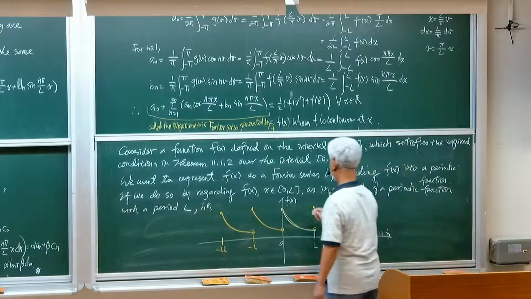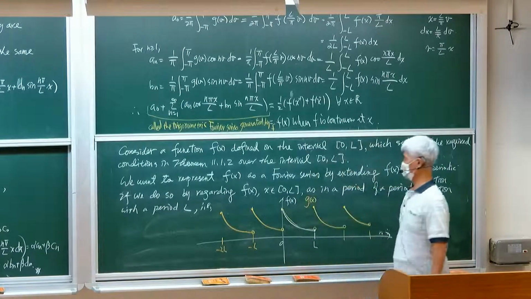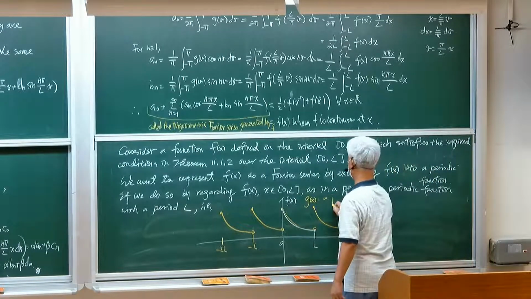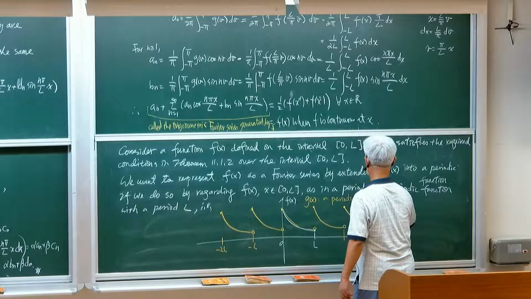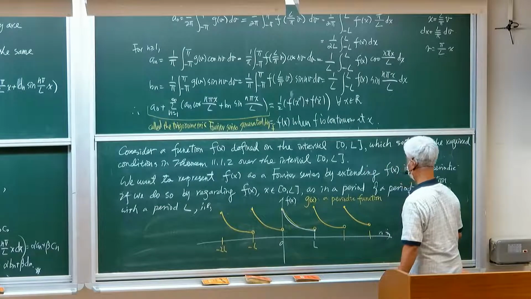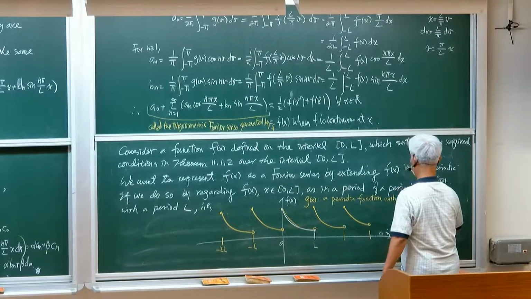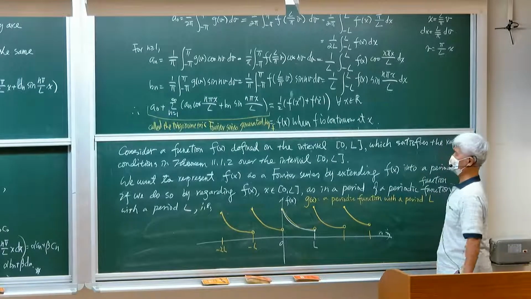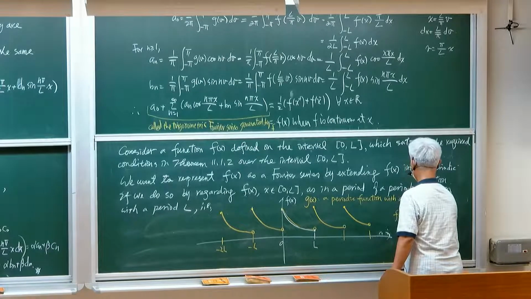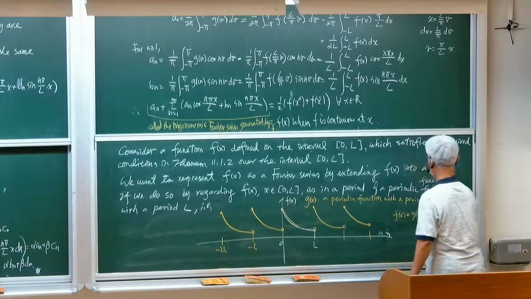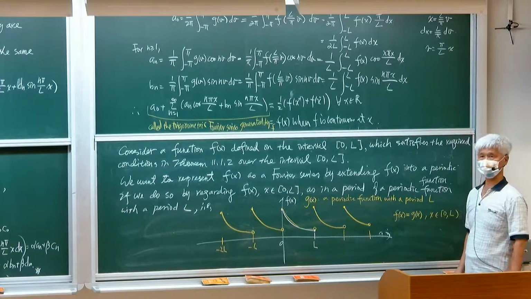So this is g of x. Now g of x is a periodic function with a period L. And f of x is equal to g of x when x is in here.